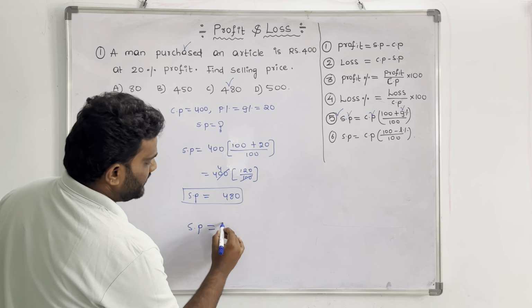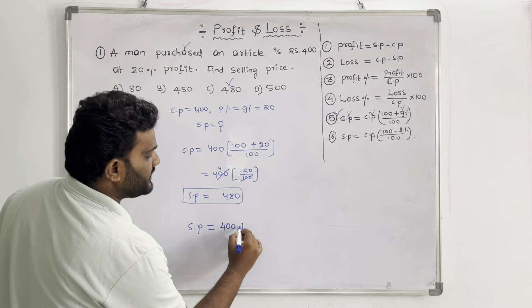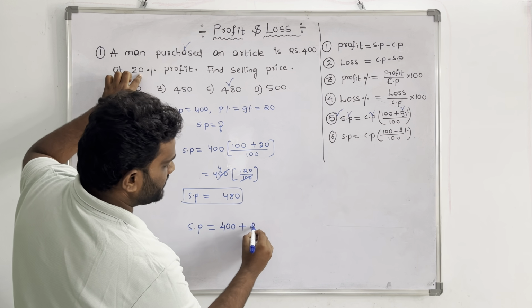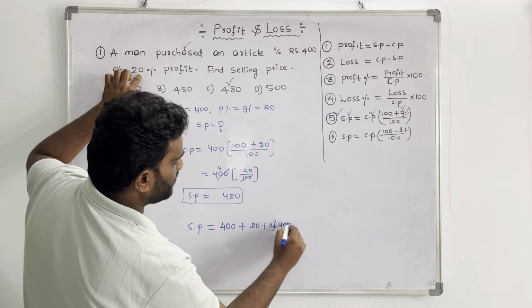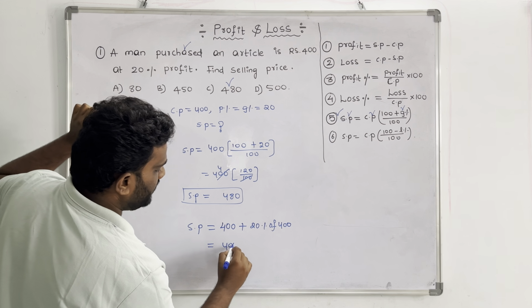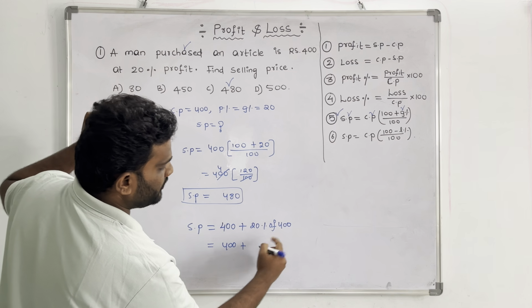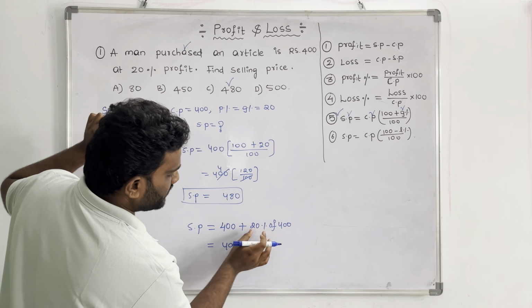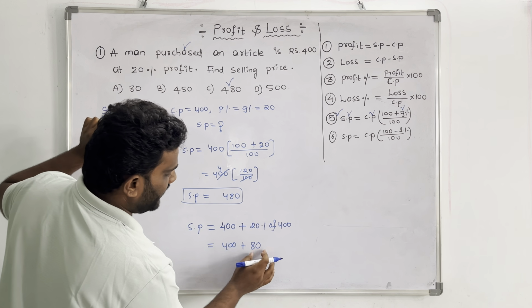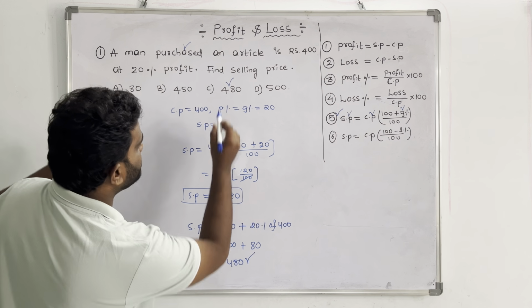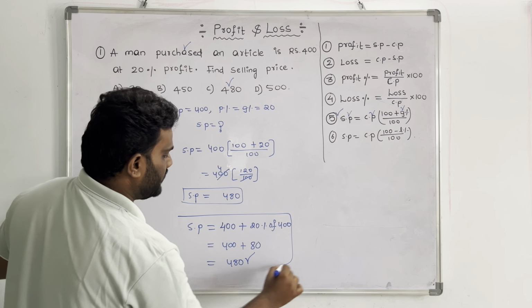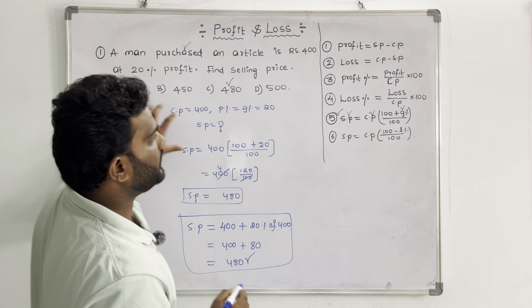So simply the selling price will be 400 plus the profit, 20% of 400. Simply 80. So the 20% of 400 is nothing but 80. Adding this to 400 gives 480. So option C is the right answer. This is the short trick. The other is based on the formula.